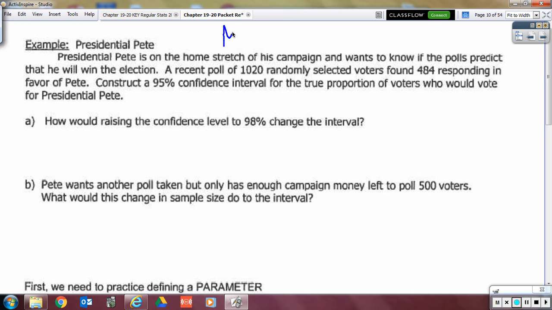Okay. So let's always do this if we have to think about how things change. The margin of error is that critical value times the standard deviation. That's always the case. So if I go from 95% to 98%, what is changing in my formula? The Z. Yeah, the confidence level. And what mathematically does that change?